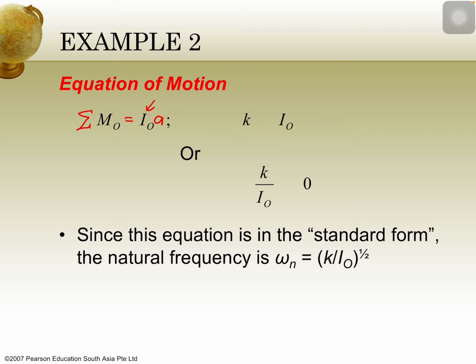Instead of a mass, when we are considering rotational motion, we will use a moment of inertia. Okay, and we can replace this one with the formula that we know, which is M equal to k theta. So that is similar to Hooke's law.